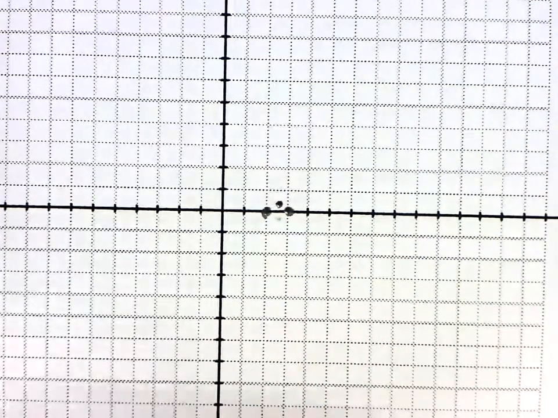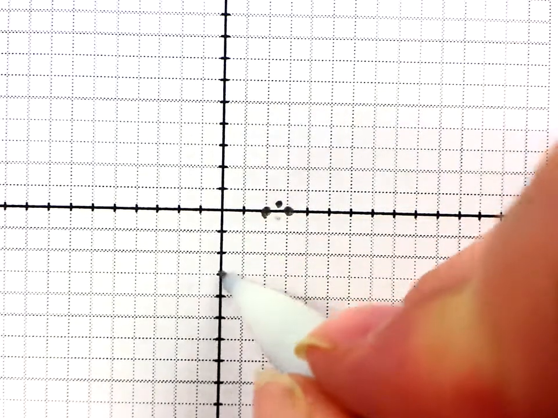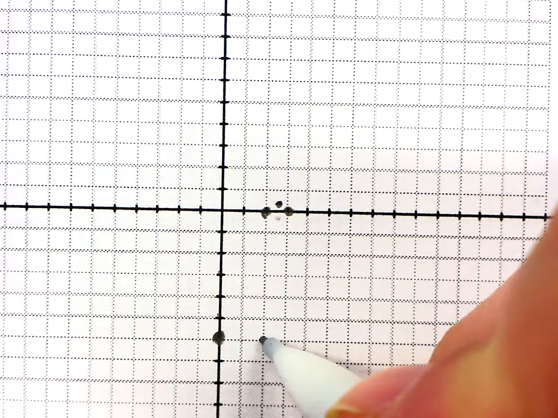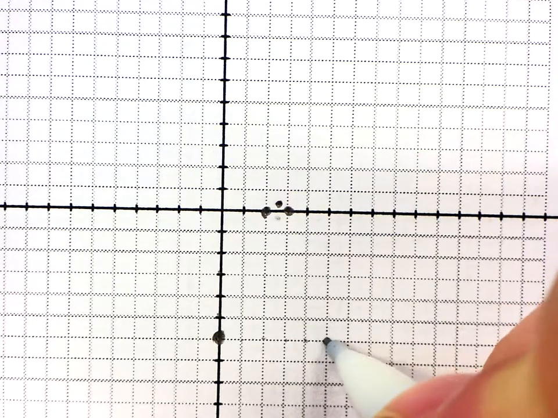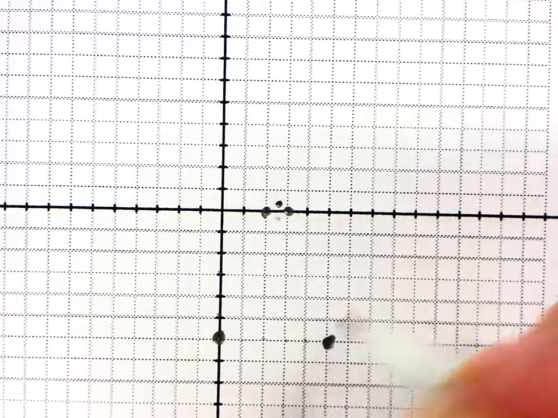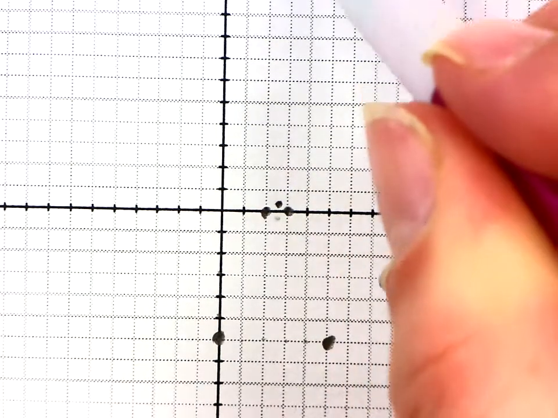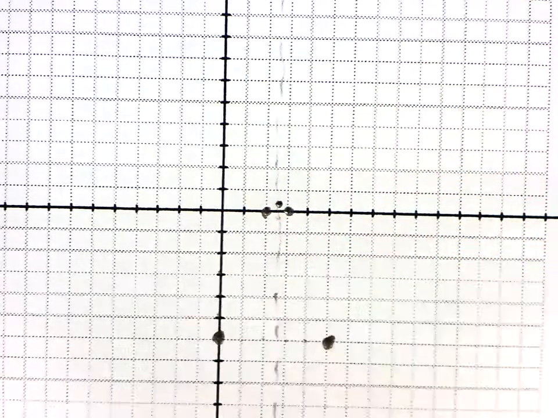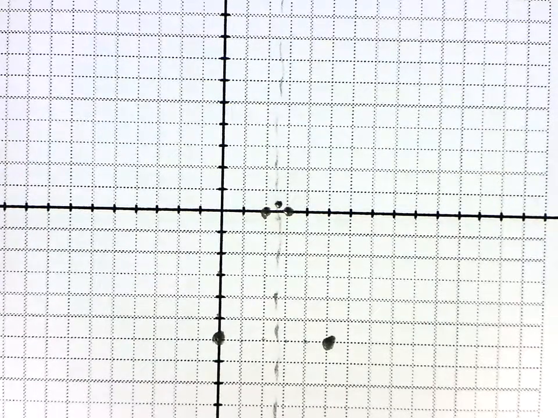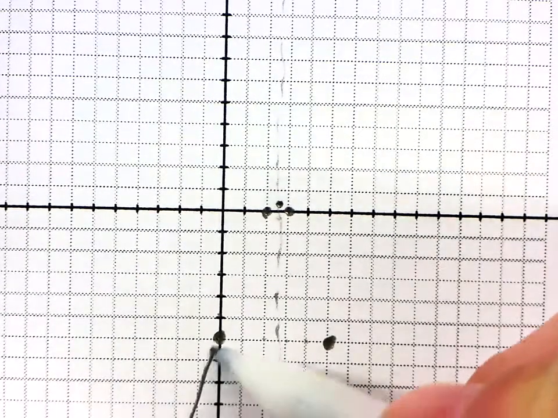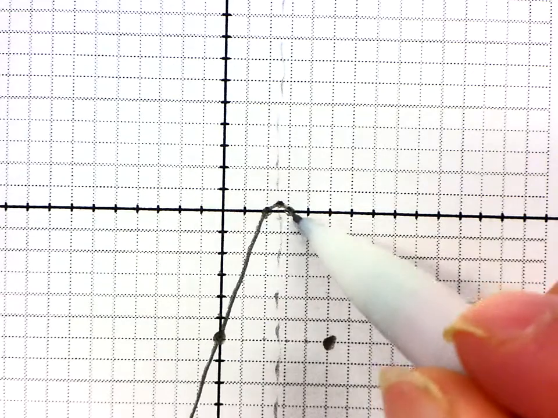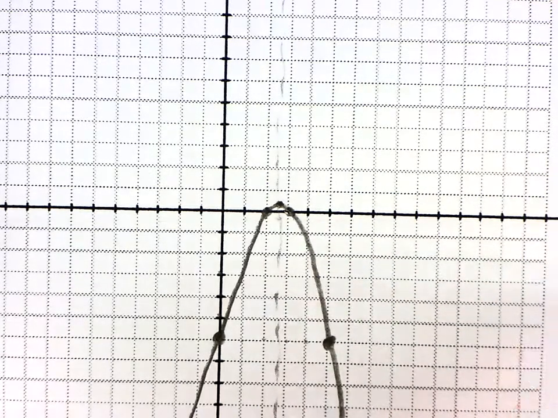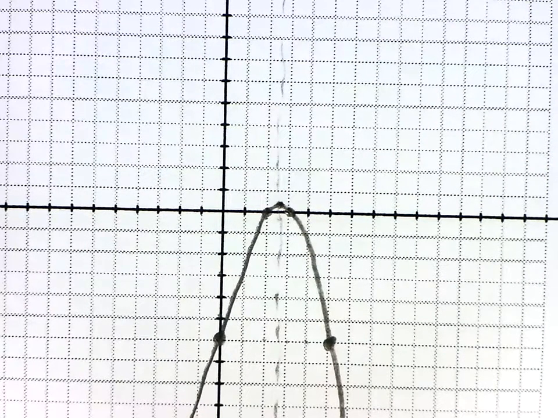It's crossing the x-axis at 2 and 3, and the y-intercept at -6. Your axis of symmetry would run right through there. So you can buy one, get one free if you like. You can get this nice smooth curve. If you want to plug in more numbers, you can.